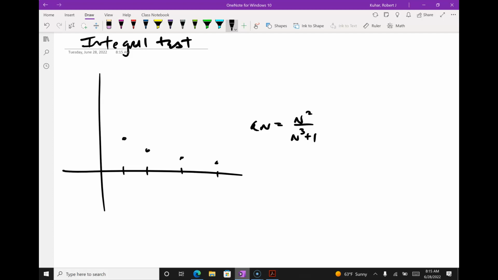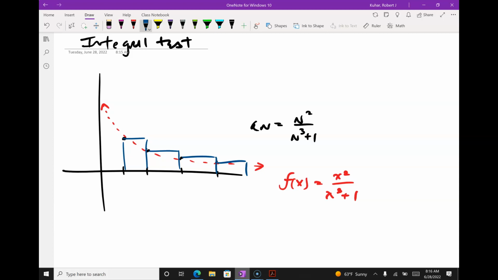This one turns out to be divergent, and so when it is divergent, we want to be thinking about drawing our areas above. This in red is f of x equals x squared over x cubed plus 1, right? If we can show that the integral is divergent, if we can show that red area cannot be calculated, then for sure the blue area cannot be calculated, right?